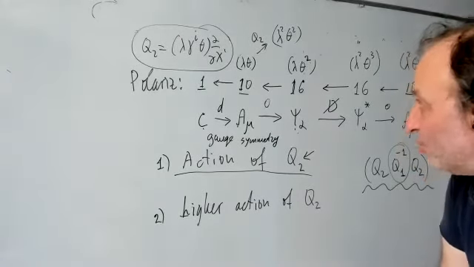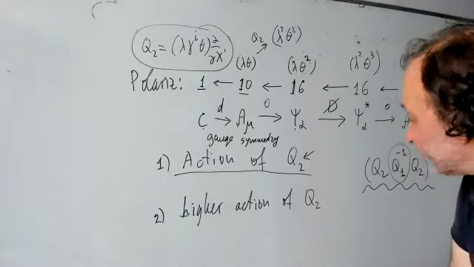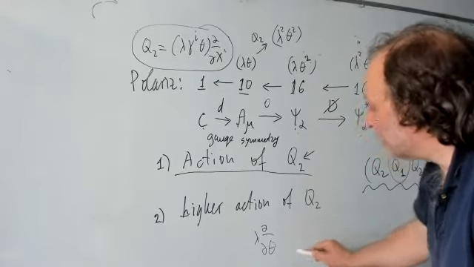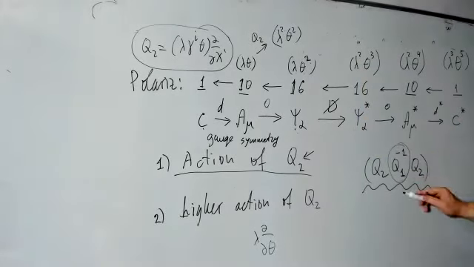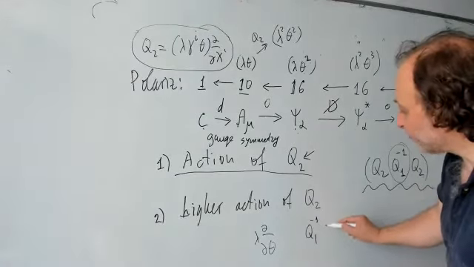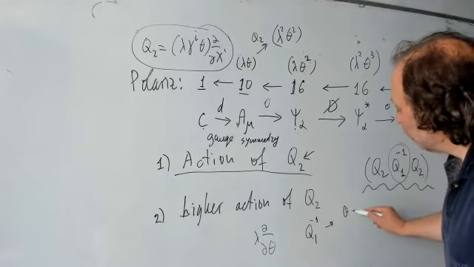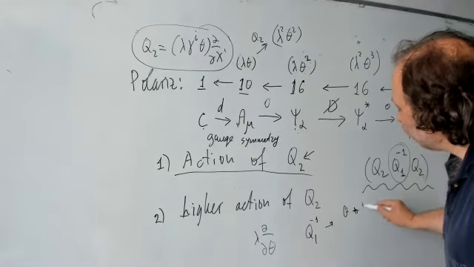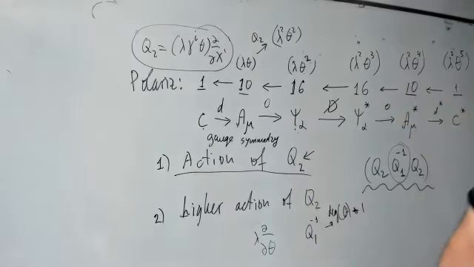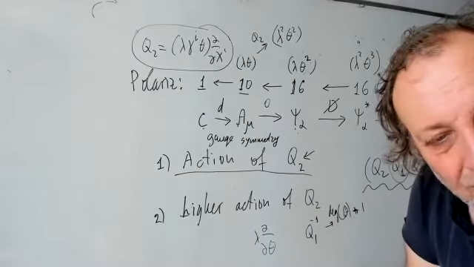So Q1 goes like lambda d over d theta. Q1 minus 1 goes in the opposite way. It grows power of theta, and it lowers power of lambda, right?